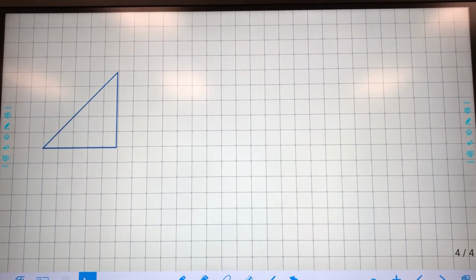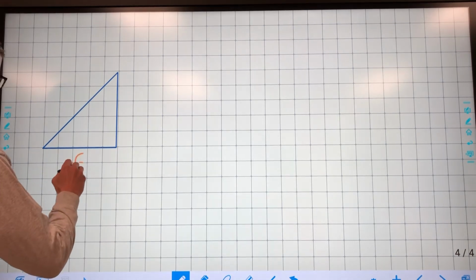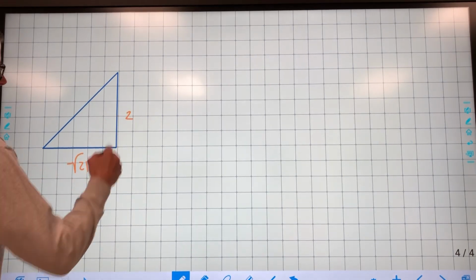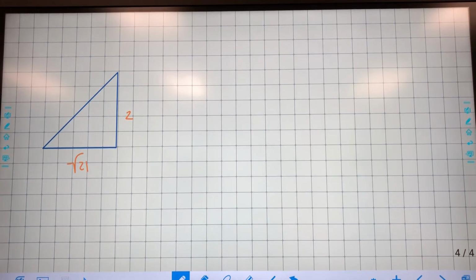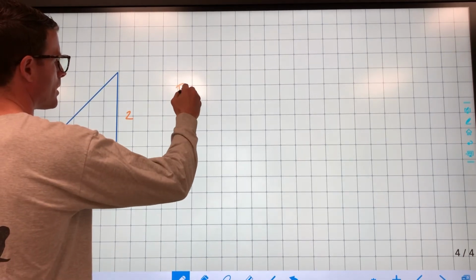All right. If I have a triangle whose side lengths are root 21 and 2, what is the perimeter?